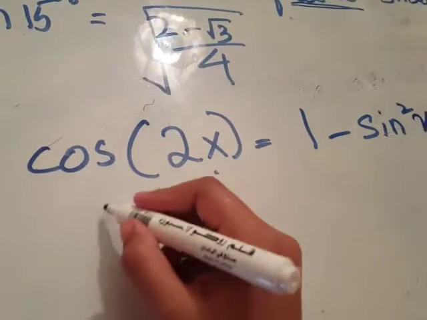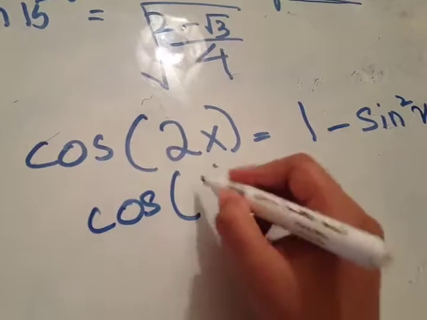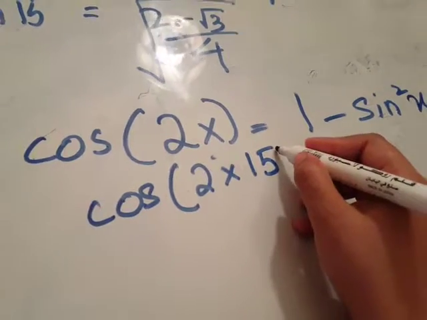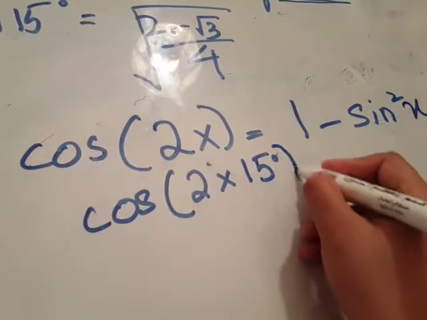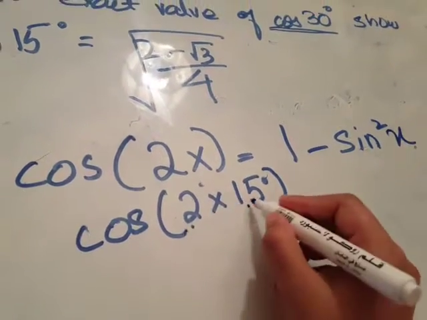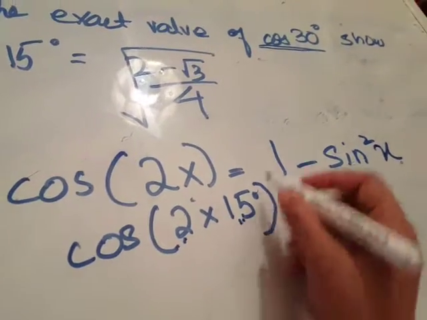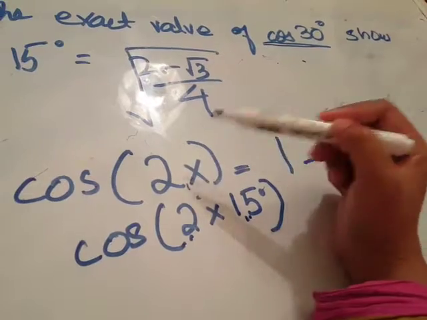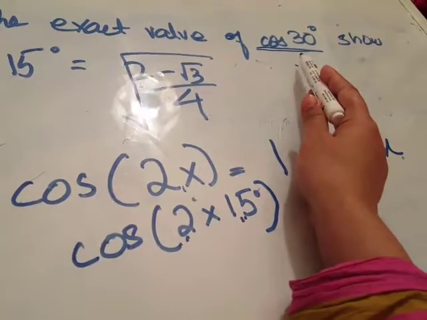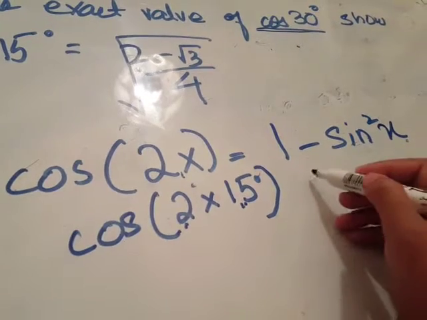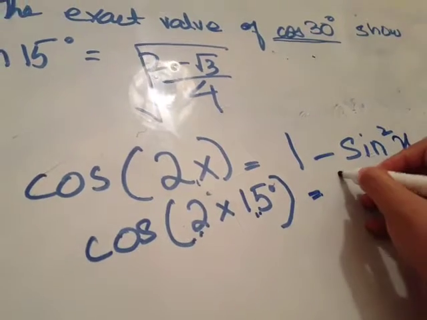All right, can you write cos of 2 multiplied by 15 degrees? Why am I writing this particular thing? Because I can use cos of 30 degrees, right? And 2 multiplied by 15 is what? 30 degrees, right? And here I just want to use 15.